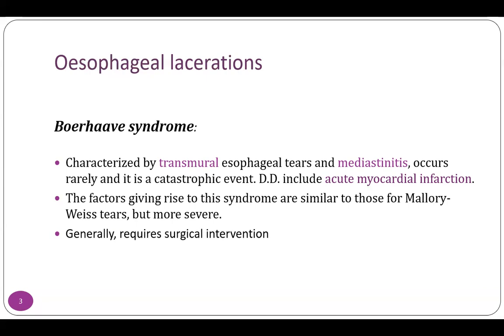So keep in mind this type of laceration, Boerhaave syndrome: a deep laceration that reaches the mediastinum and causes acute mediastinitis. The management is the opposite of what we said before. We said conservative management alone will be fine in a very short time, but for this one, most of the time we need to intervene surgically to close the window between the esophagus and the periphery of the esophagus.